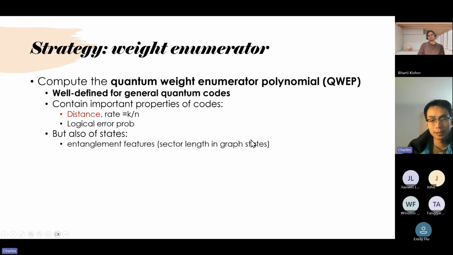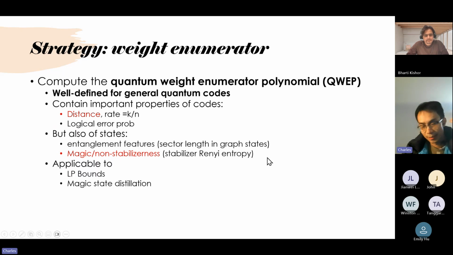And in addition to codes, you also learn about states. So for example, in the graph state literature, some of these specialized enumerator polynomials are known as sector lengths in graph states, and they can help encode important entanglement features. And later on in this talk, we're going to see that these enumerator polynomials also teach something about magic or non-stabilizerness that's embedded in the state.